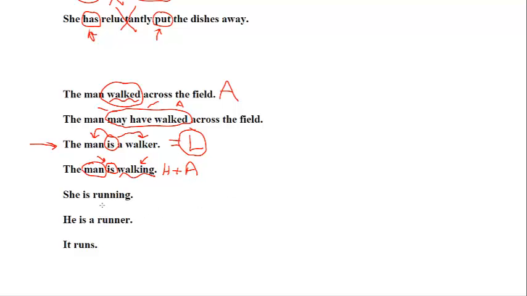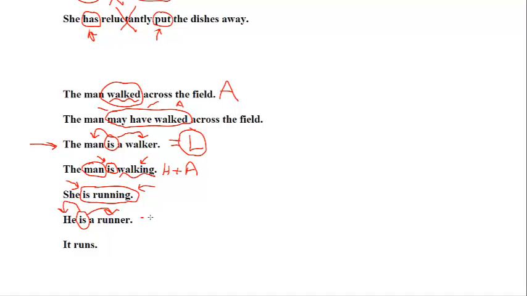She is running. Let's think about it. This looks like another action. So we have a helping verb is, action verb running. He is a runner. Now what is this is doing? This is renaming he to runner.